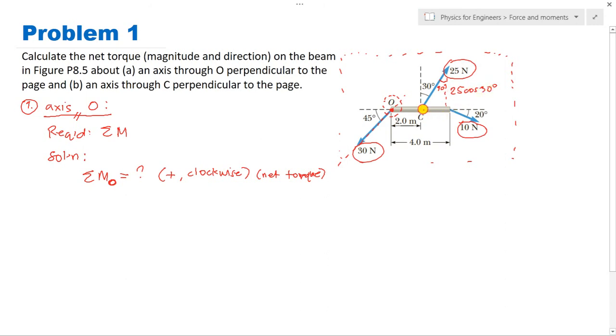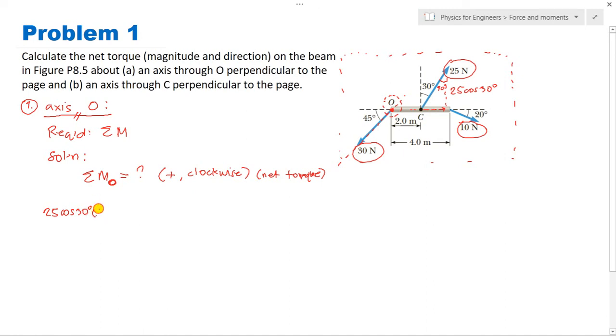The other component is not applicable to the torque calculation because it hits the axis. So we write 25 cosine 30, and then the moment arm, which is 2 meters.